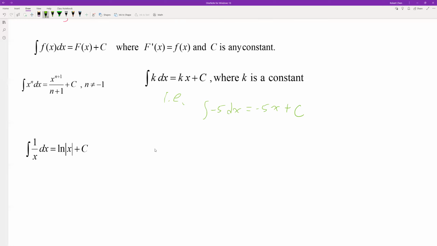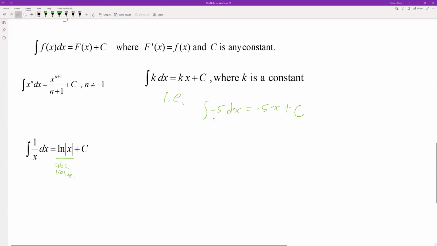Now, notice that we have this absolute value here. Right? It's very important because when we're working with indefinite integral, if there is no condition on the value of x, then we have to include this absolute value around the x, so the function is well defined. Okay.